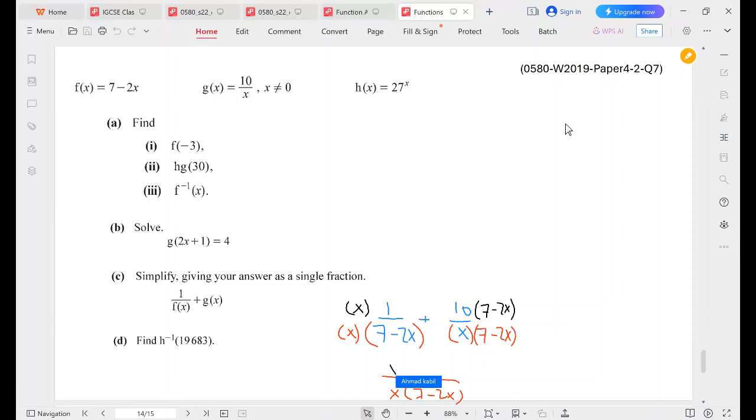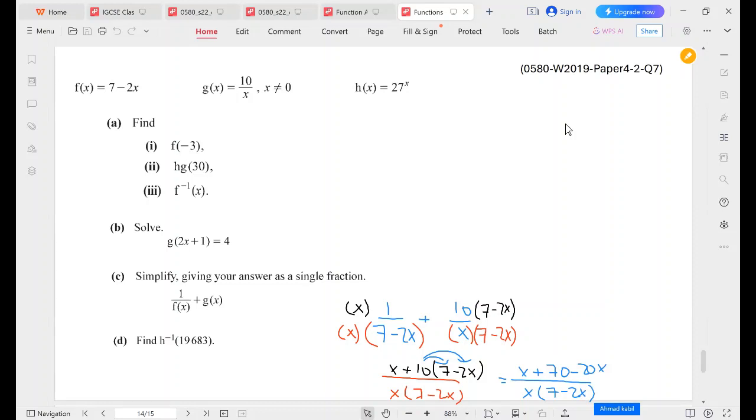So we have x here as well, and we have 7 minus 2x here. So now we have x plus 10 times 7 minus 2x, and we can expand. So we get x plus 70 minus 20x over x times 7 minus 2x.